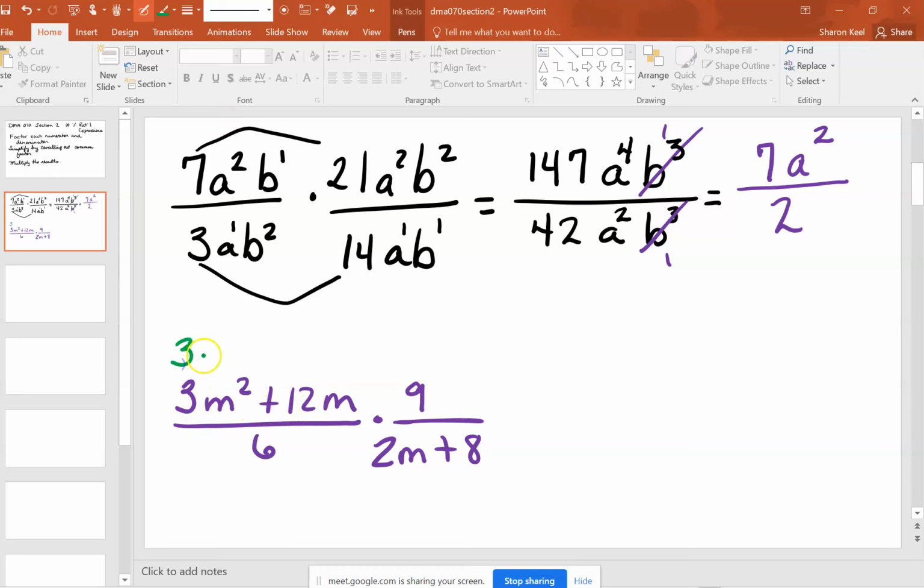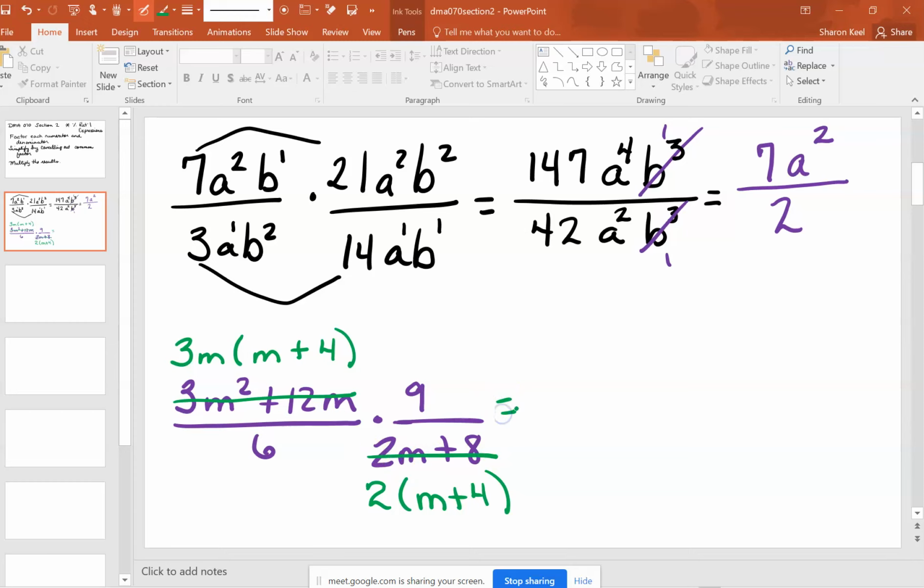I can factor out a 3 and an m, and that leaves me with m plus 4. In this denominator, I can factor out a 2, and that leaves me with m plus 4.